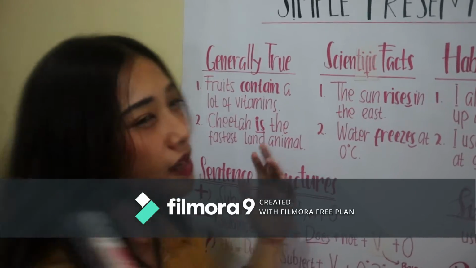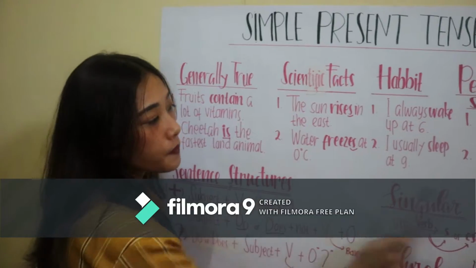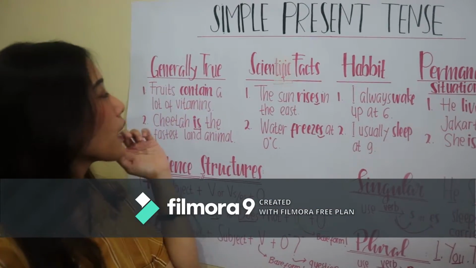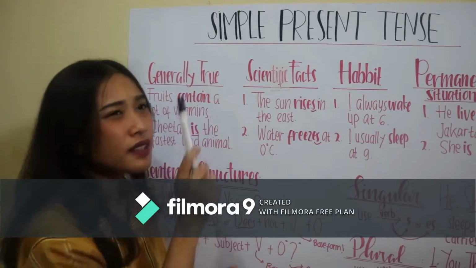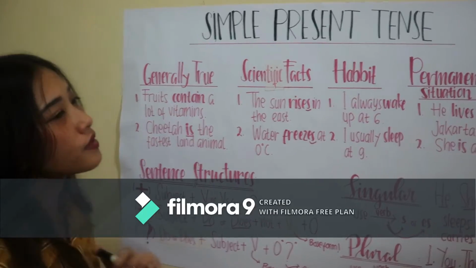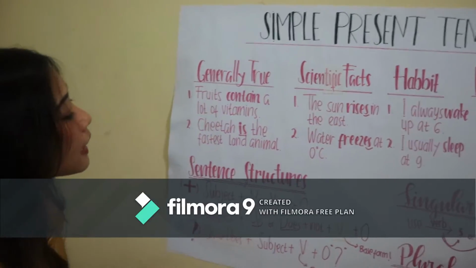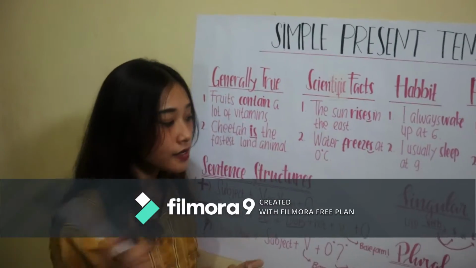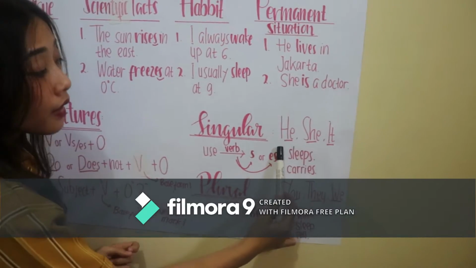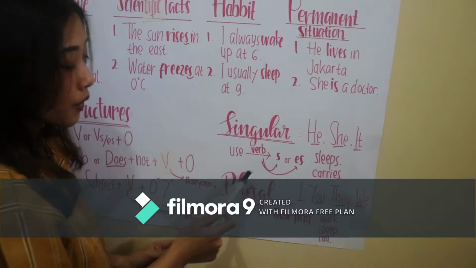Okay, do you guys notice the difference between the verbs around here? Yes, study? Okay, the first one, there is a verb that has S or ES. So when to use the verb correctly? Okay, if our subject is singular, I mean he, she, it, then we use the verb in S form.